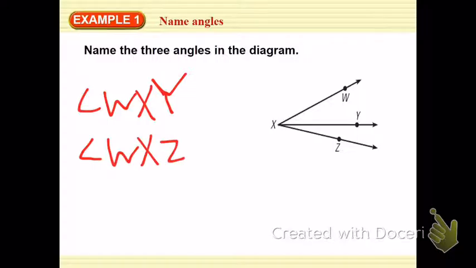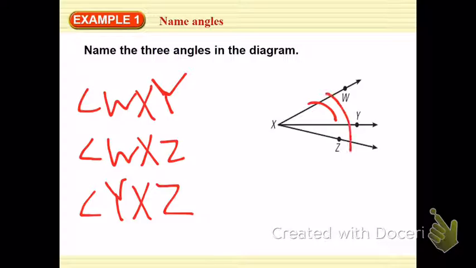And then Mitchell? Angle YXZ. Yes, we got them all. So WXY was this angle, WXZ was the big angle, and YXZ was the smaller angle.